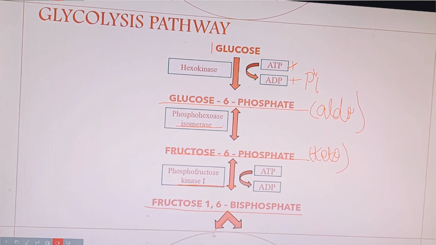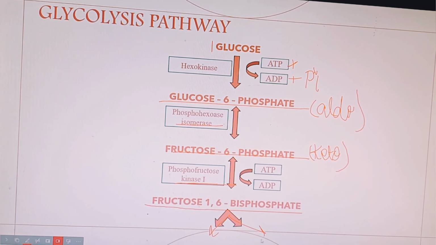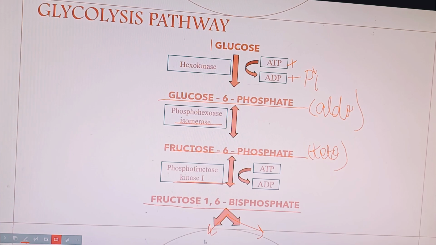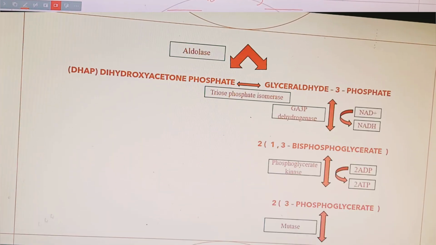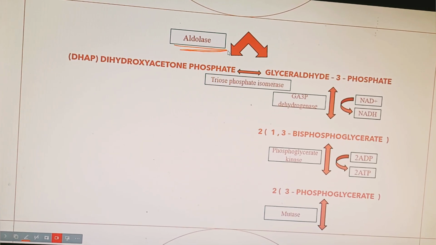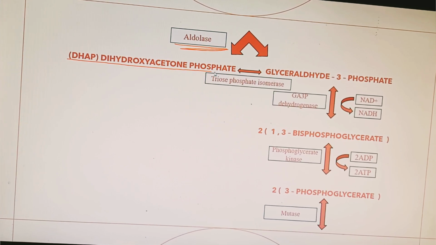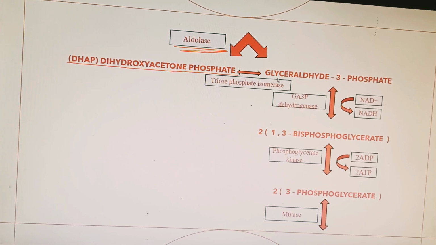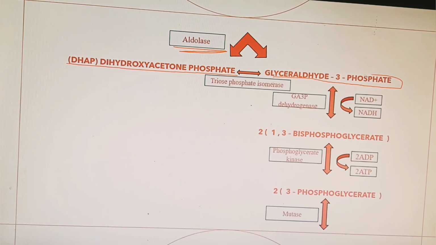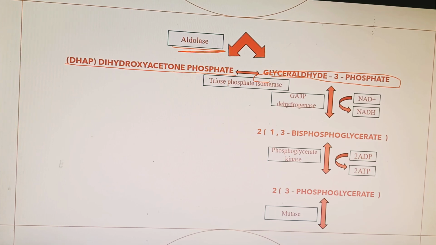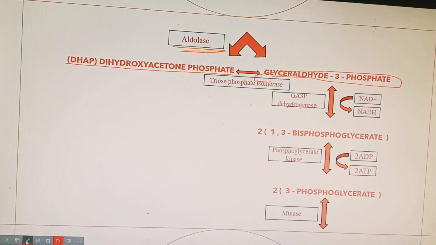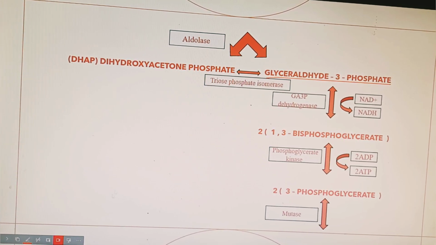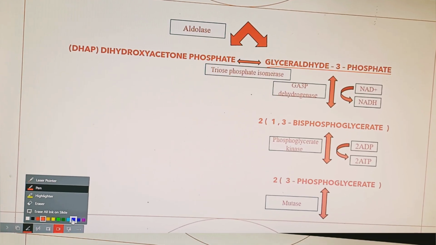Furthermore, this fructose 1,6 bisphosphate is being cleaved into two 3 carbon molecules. Up till here we have 6 carbon molecules. Now we get two 3 carbon molecules. One is dihydroxyacetone phosphate, DHAP, and the other one is glyceraldehyde 3 phosphate.